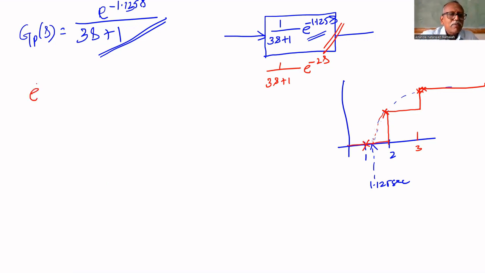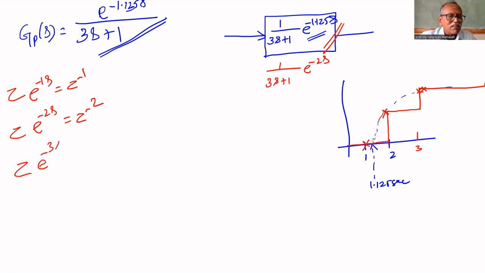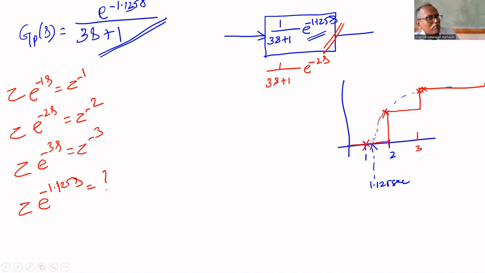E power minus 1s gives Z power minus 1. E power minus 2s gives Z power minus 2. E power minus 3s gives Z power minus 3. But e power minus 1.125s you cannot get, because the delay is not an integral multiple of the sampling period. That's why here we assume e power minus 2s.